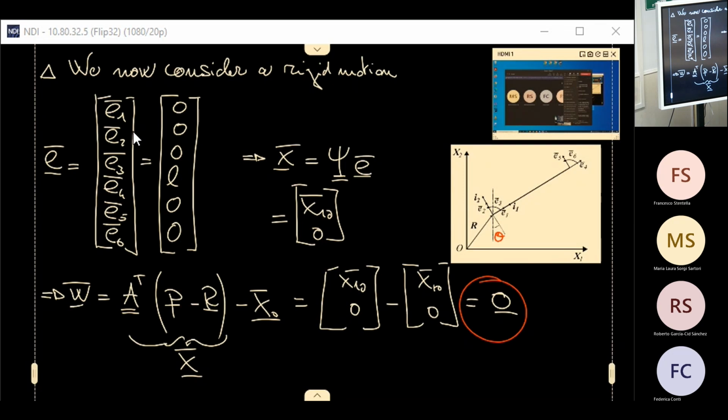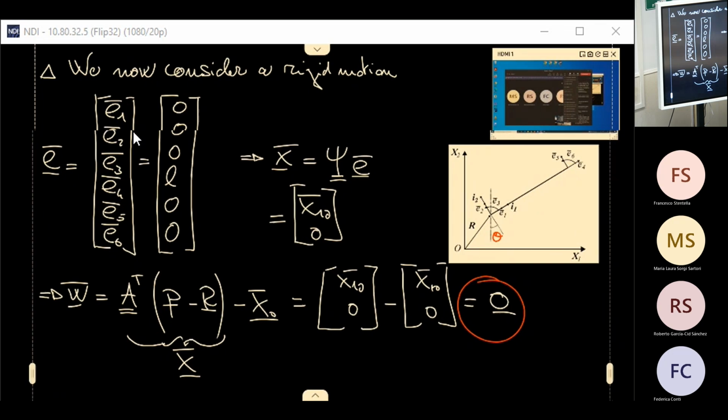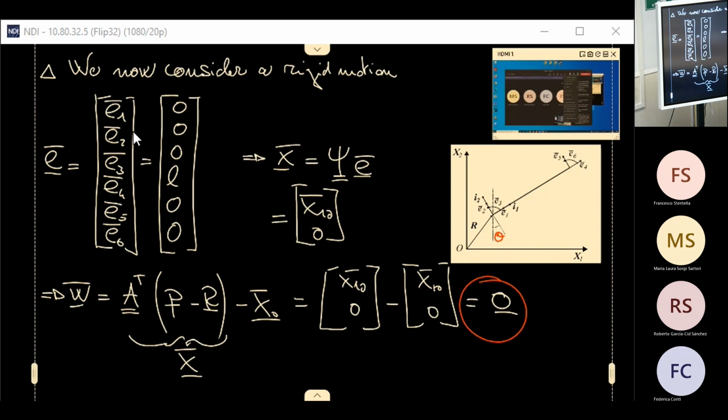So while before, assuming a linearization of the rotation at the element nodes meant also to linearize both the part due to deformation and the part due to rigid motion, I was not able to disentangle these two things. So if I linearize the rotation at the nodes, whether this rotation is due to deformation or to rigid motion, I cannot distinguish.